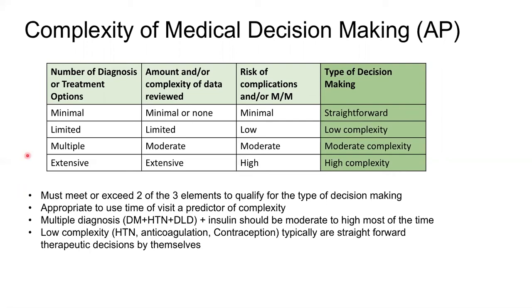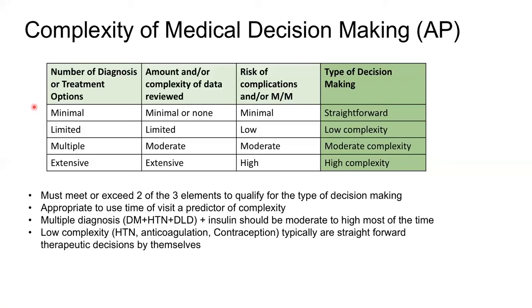And I'll highlight treatment options because that's an area where pharmacists are experts in, right? We are the therapeutic experts. So it's not about diagnosing. It's also about determining what treatment options are appropriate for the patient, given other factors or their current medication regimen. That also goes into your medical decision-making as your component 1. That can be minimal, limited, multiple, or extensive.